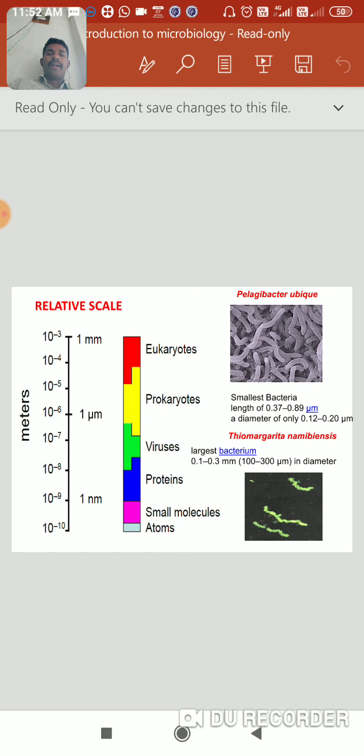Below it, there is another bacteria called Thiomargarita namibiensis. This is the world's largest bacteria. Its size is 0.1 to 0.3 millimeter, that is 100 to 300 micrometer.